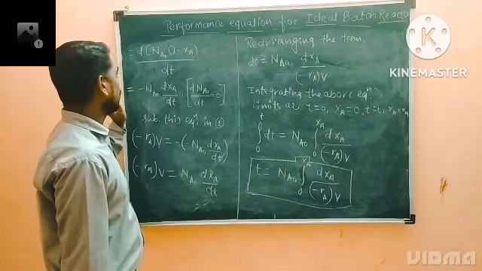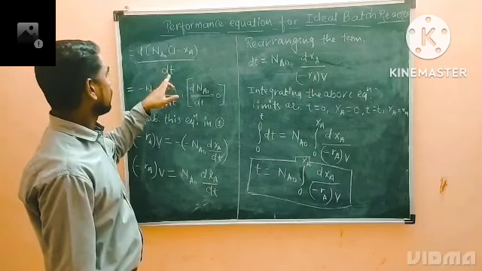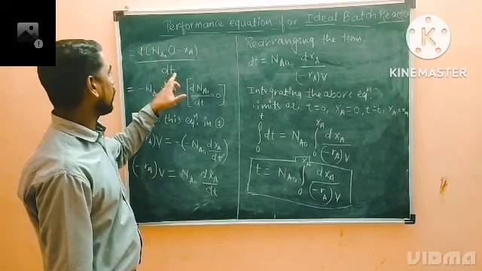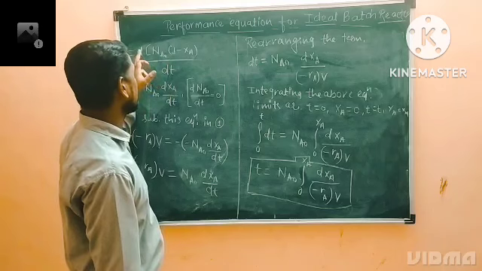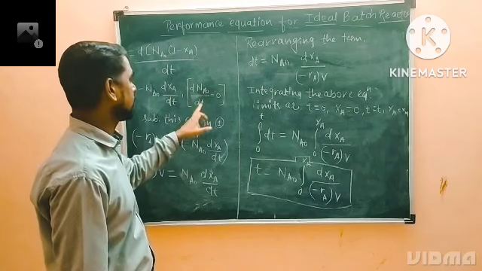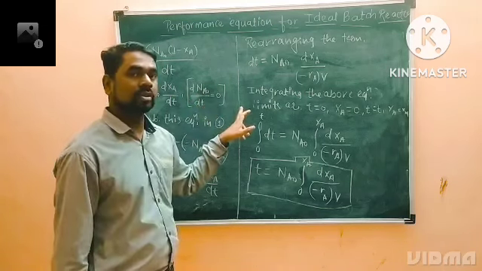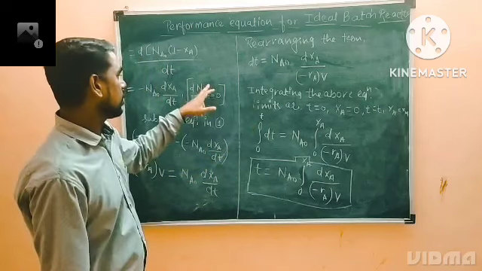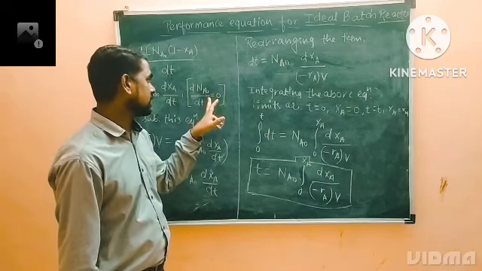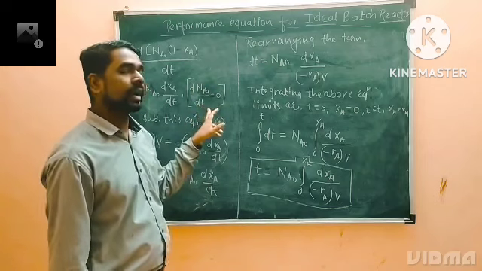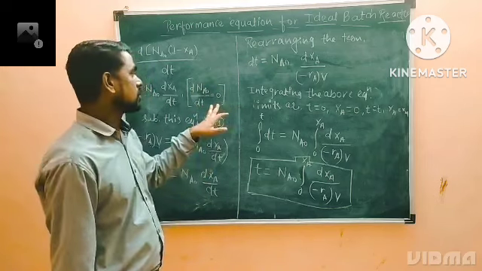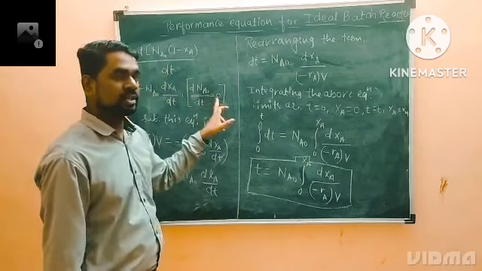Now, in this equation, NA0 remains constant. Why does it remain constant? Because the initial number of moles does not change with time, so its derivative is 0.